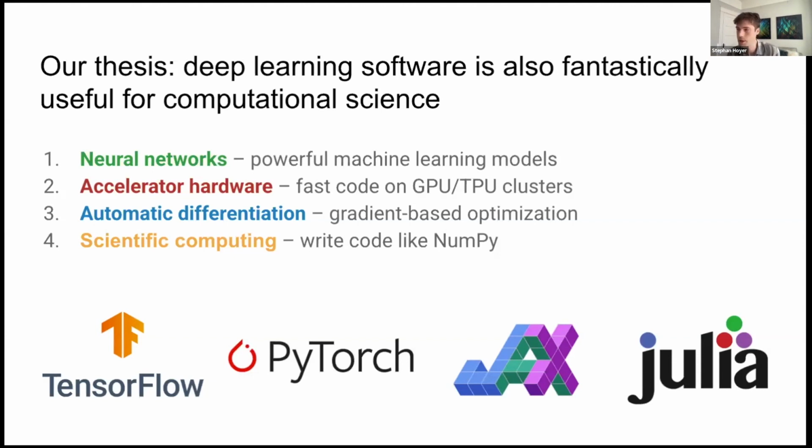And these neural networks need huge amounts of compute in order to train, so these days they typically run on accelerator hardware like GPUs or TPUs. They really efficiently make use of a lot of flops, and the deep learning software makes it really easy to write code that scales to a lot of machines as well. And that of course is also useful for science.